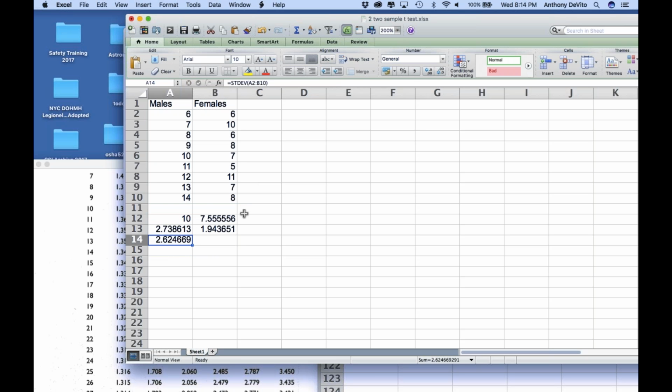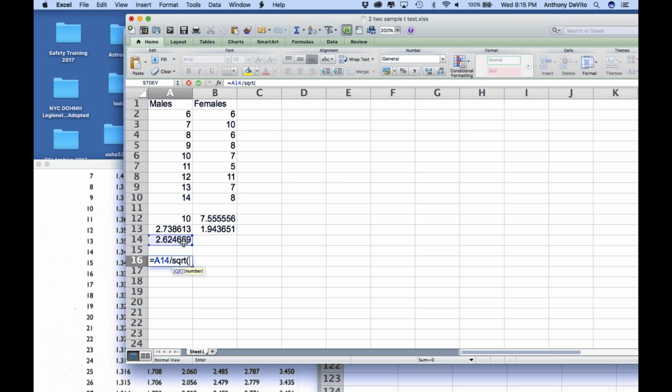So now if I want to calculate my t-score, it's just this minus this divided by the standard, I'm sorry, I would then calculate a standard error. Since I pooled these, my standard error is going to be equal to my weighted standard deviation divided by the square root of the sample size.